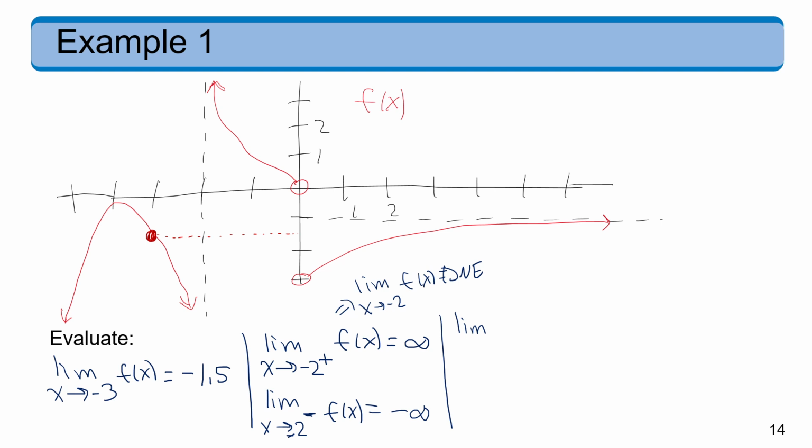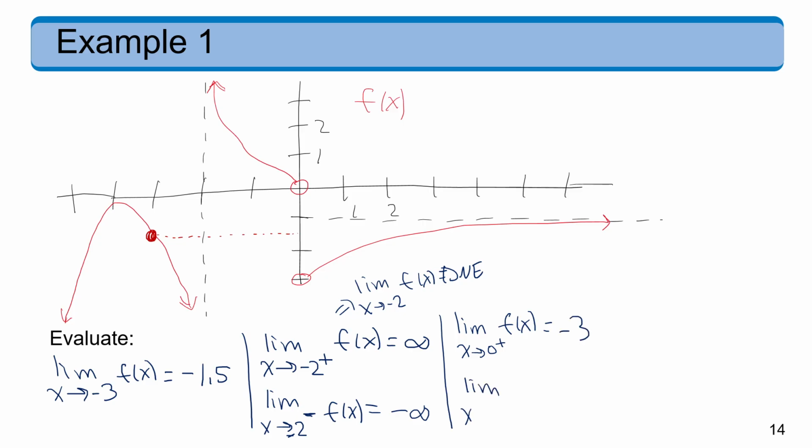Okay, now let's go to the limit as x approaches 0 from the right. So let's look at our picture. At x value 0, we're here. We're approaching 0 from the right, which means we're coming along this part of the curve, approaching this point that has y value -3. So even though the function is undefined at 0, this limit did exist as x approached 0 from the right, and that was equal to -3.